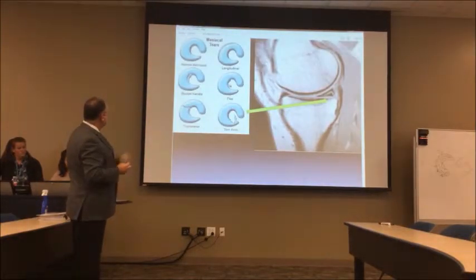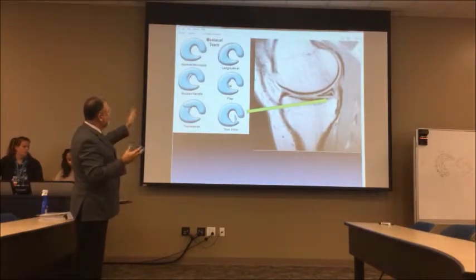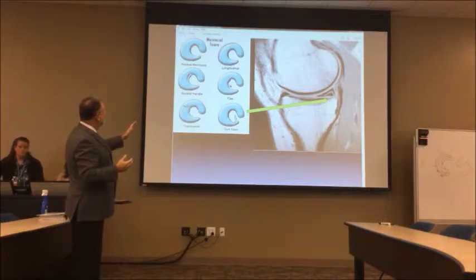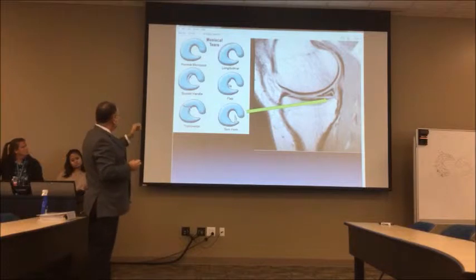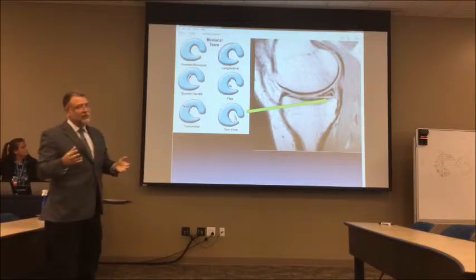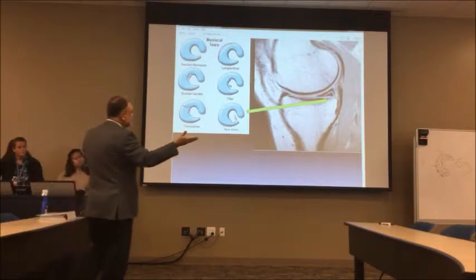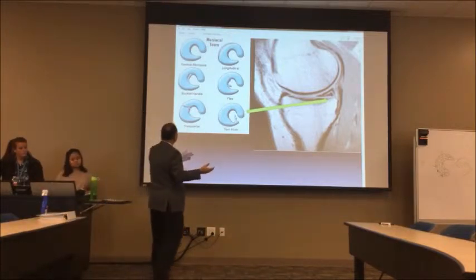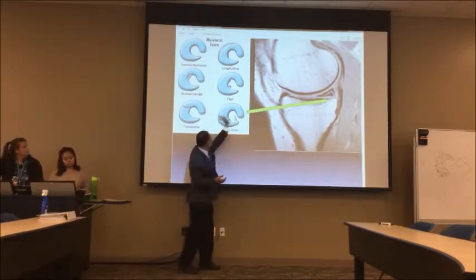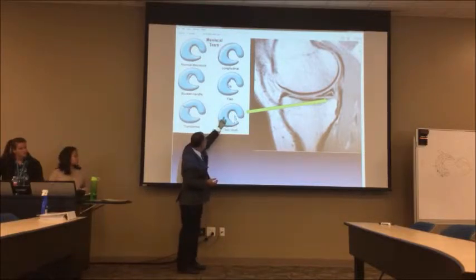So there are different types of tears along the meniscus. The bucket handle seen in the middle on the left side is probably one of the most common types of injuries. But there can be an avulsion from its origin, so the whole thing can flip over, not necessarily having a tear here, but avulsing from there.